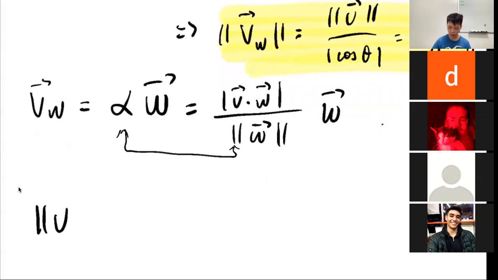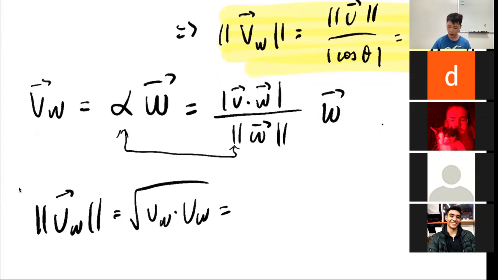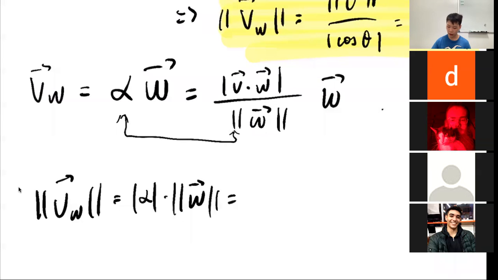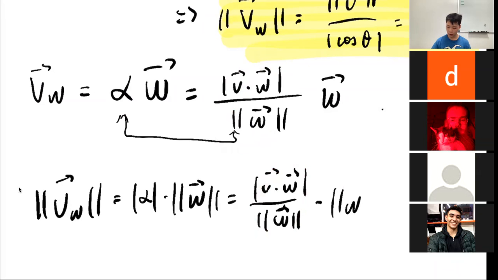When you look at the length of VW, it is the same as the square root of VW dot VW. Oh, actually, we can use the property: absolute value of alpha times the length of vector W. Well, the absolute value of alpha is V dot W divided by the length of W, multiplied by the length of W. This is cancelled, so we... I think I'm making a mistake here.